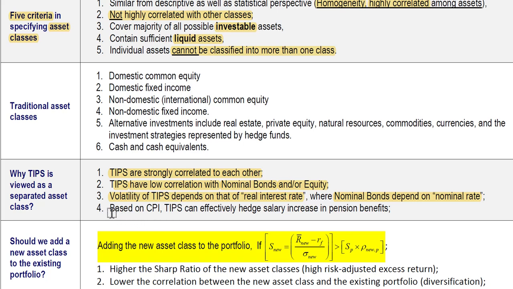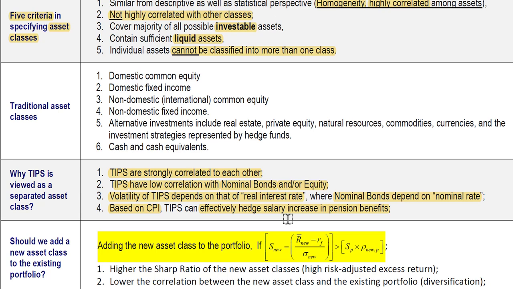Another one, the final one: TIPS is calculated based on the consumer price index. Therefore, during a high inflation period, TIPS can effectively hedge the salary increase in the pension benefit. In other words, a lot of the time the salary increase is caused just by inflation.